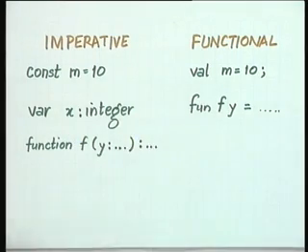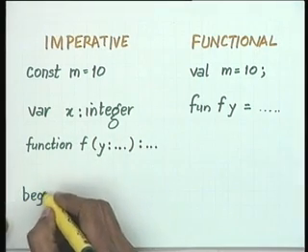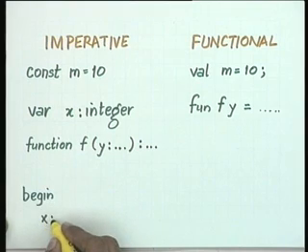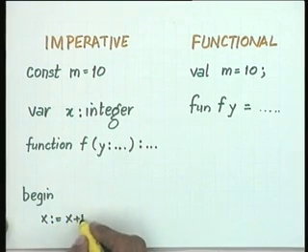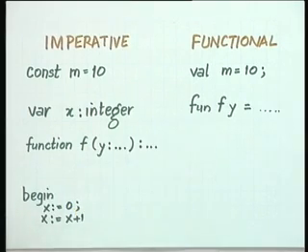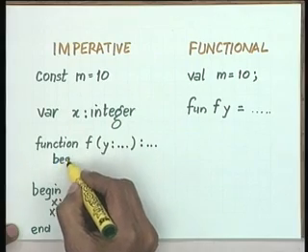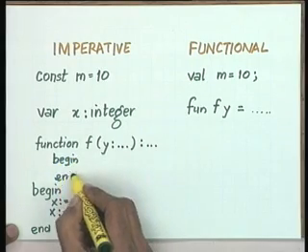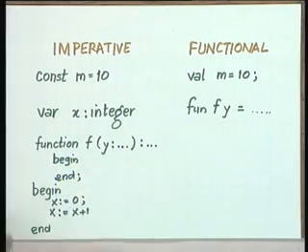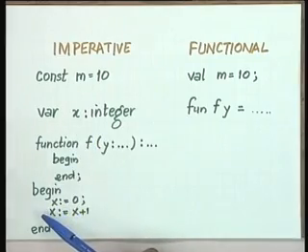So the variables in an imperative language actually have name location bindings. There are further, so when you have a begin end with this variable being updated, in this place what happens is that the variable location binding remains unchanged.